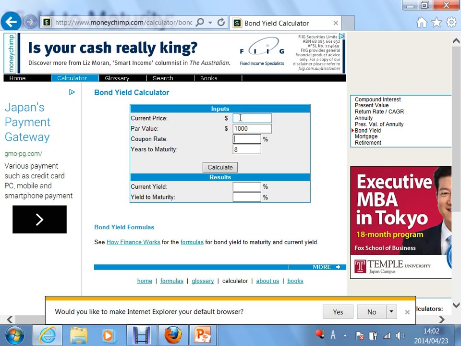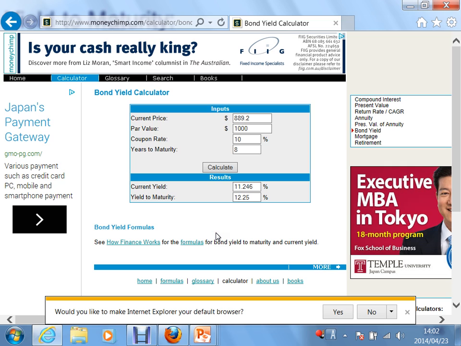And a current price we said of $889, and let's see if it'll take cents, 20 cents. Okay, now this bond yield calculator should tell us, we need to know the coupon rate. What's the coupon rate? Do you remember what it was? 10. Okay.